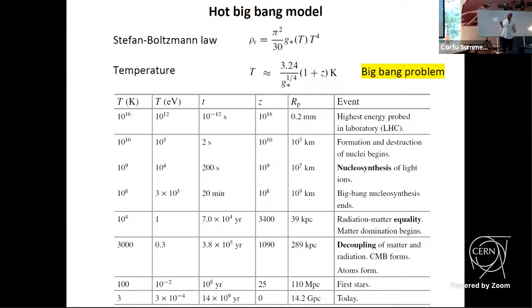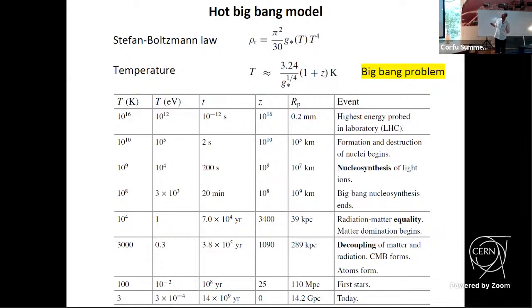The intuitive reason is that if you take the Boltzmann law for radiation, the energy density goes as the fourth power of the temperature, and since we saw that this also goes as the fourth power of 1 plus z, then the temperature is proportional to 1 plus z. Then you have some prefactors that depend on the number of species in the universe, but this number is not important. I want you just to appreciate that when we go backwards in time, the temperature increases.